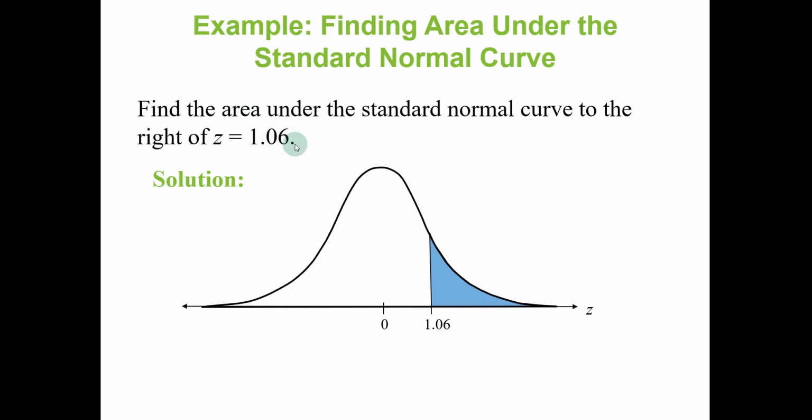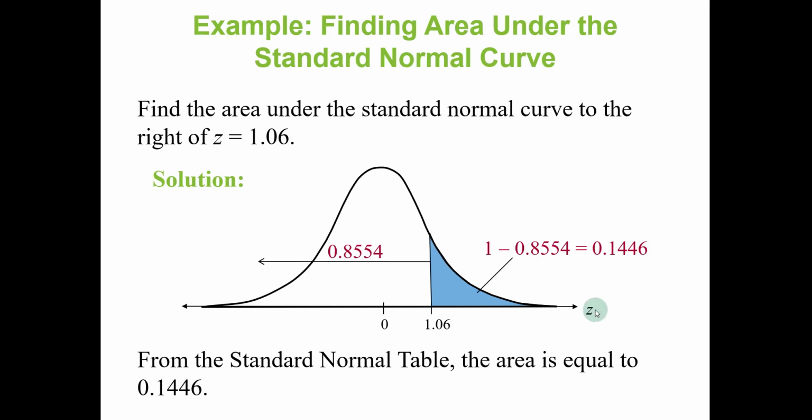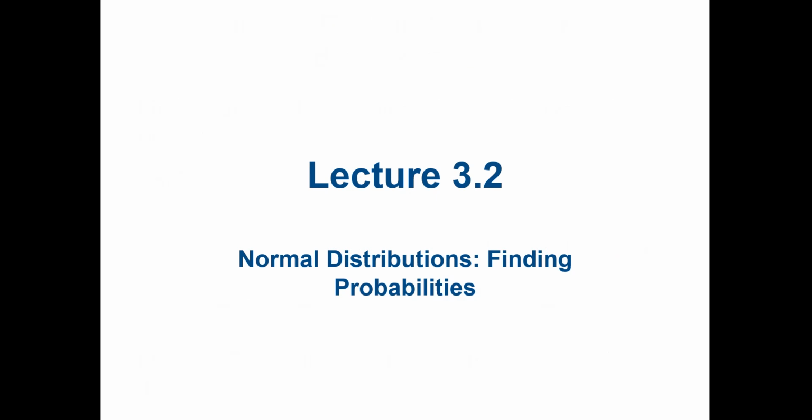Once you have the area to the left, you do 1 minus that area, and it's going to give you the area to the right. This is because, by default, the table we are using, or the table that will be provided during the test, always computes the area to the left. Now, let's move on to another case.